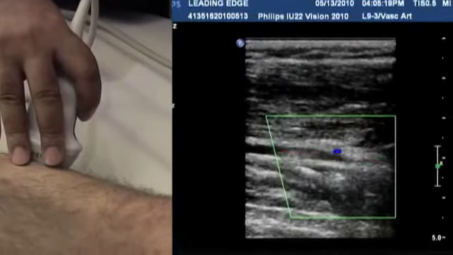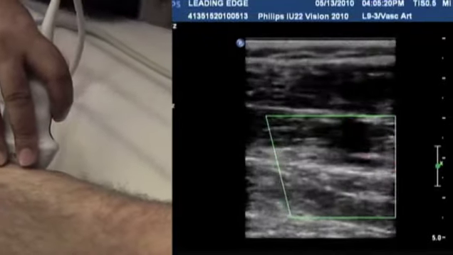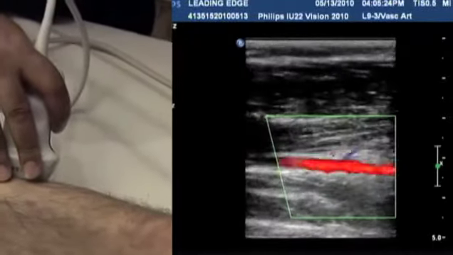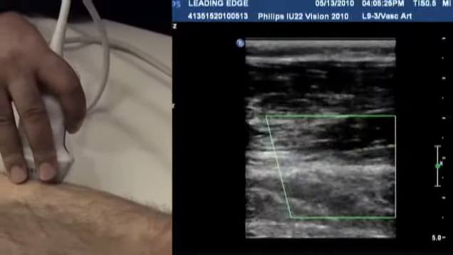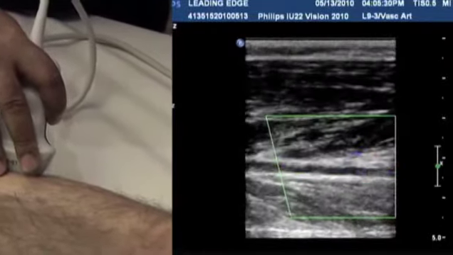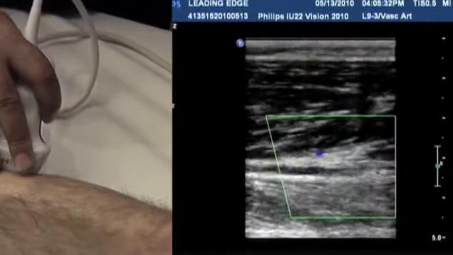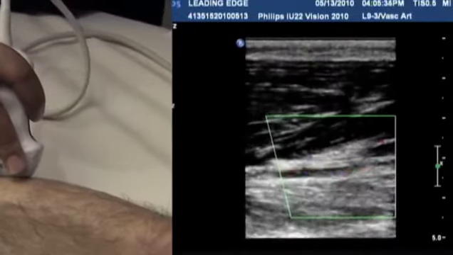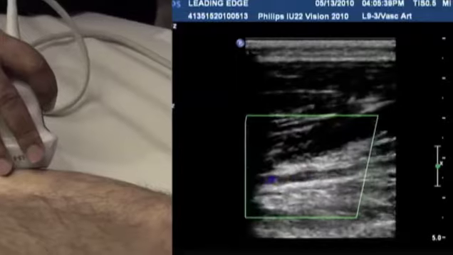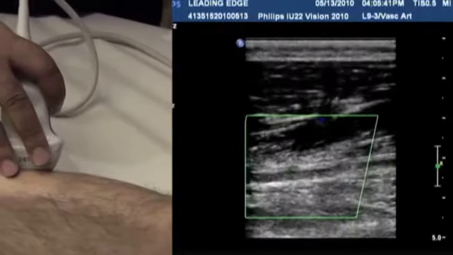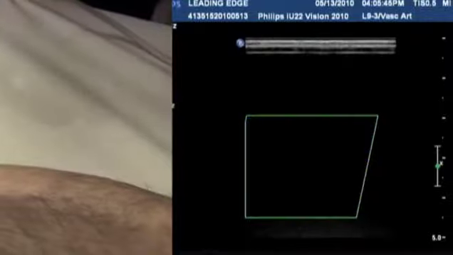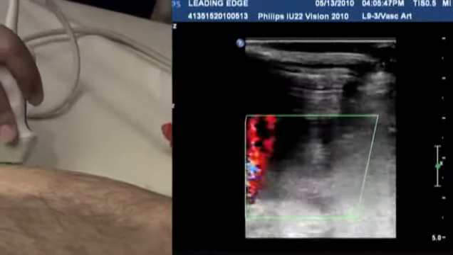And let's invert this so that it's in the appropriate direction. What I'm doing now is just working my way down the leg, allowing the color to tell me where I need to stop, slowly, as you're observing changes in the color flow image. And I don't see anything that would signify stenosis.